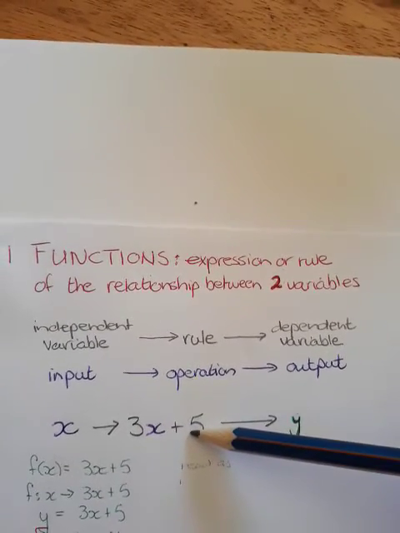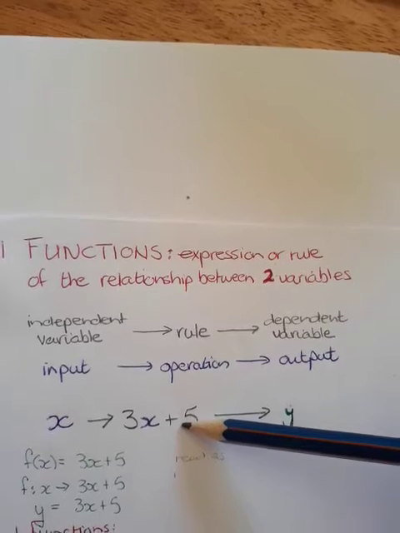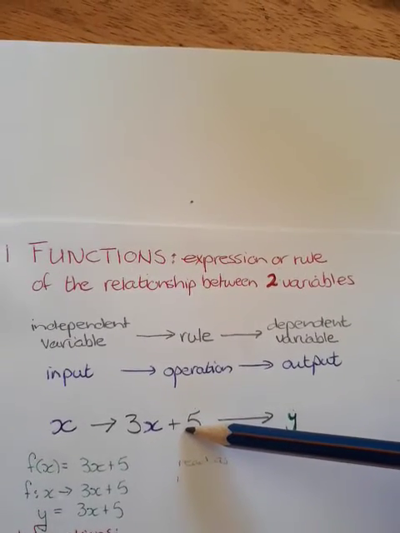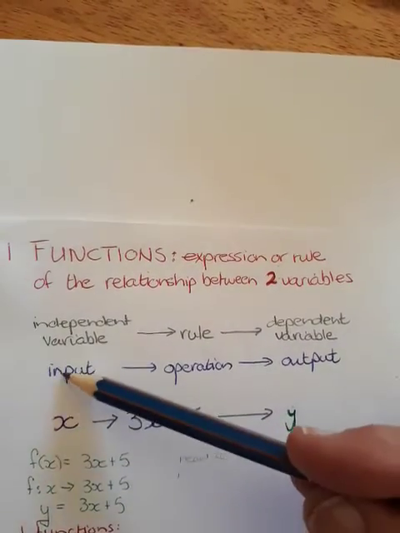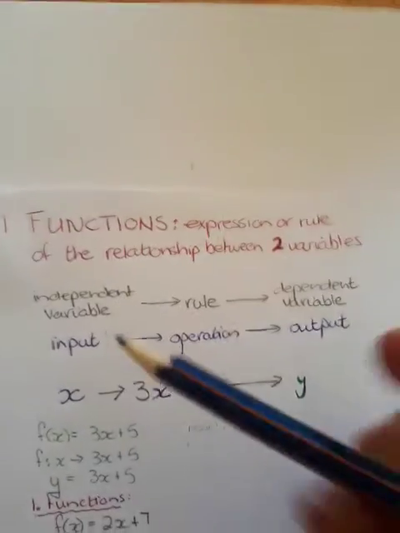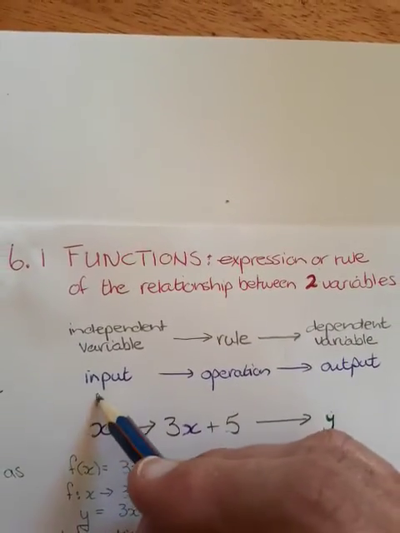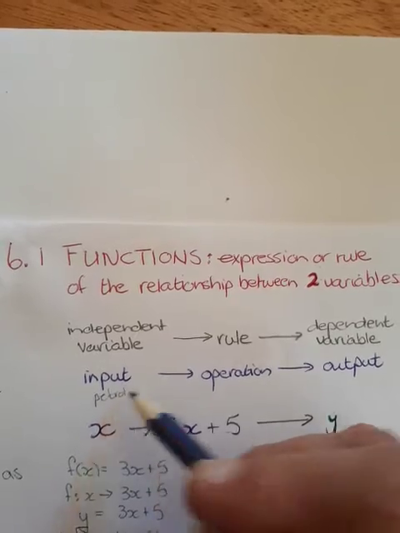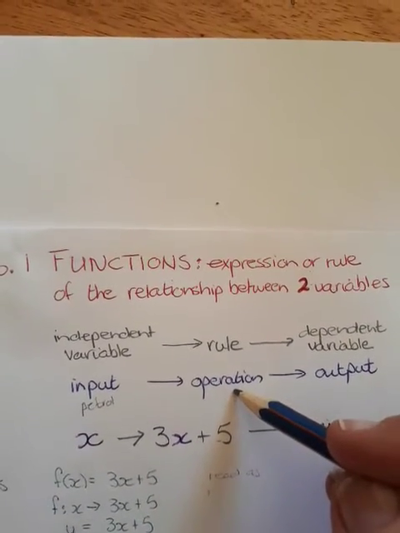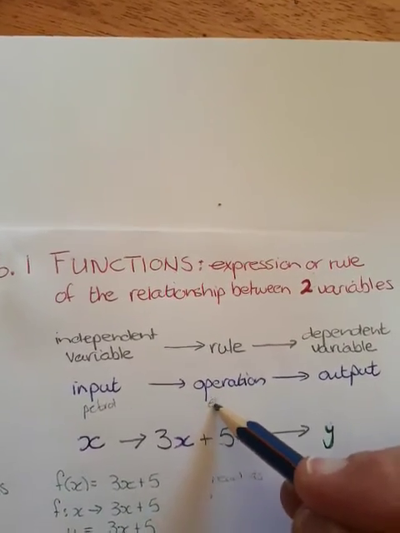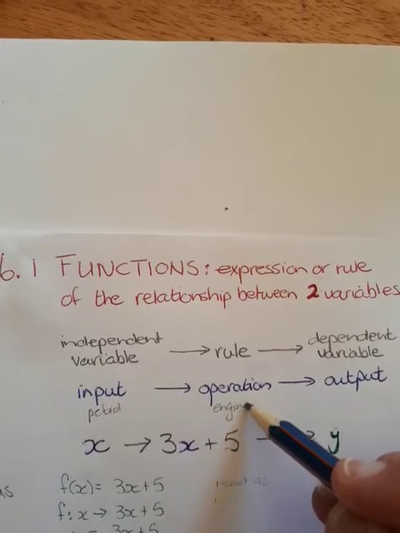So we can really compare a function with a car, a motor car. You have an input, which in the motor car would be the petrol. Then in the engine, there are a whole lot of operations happening.